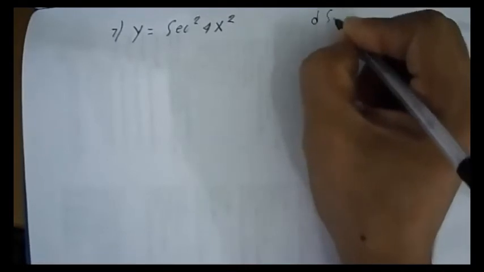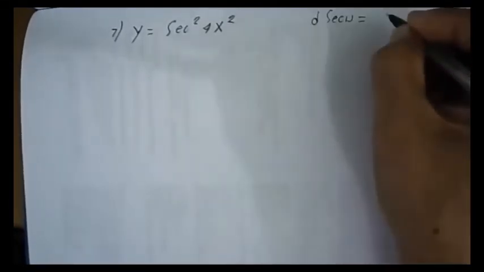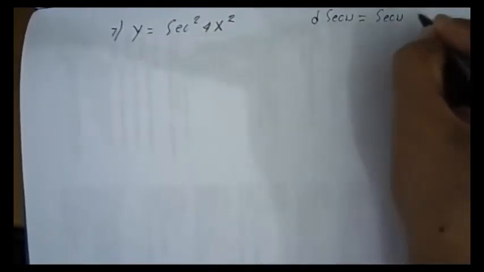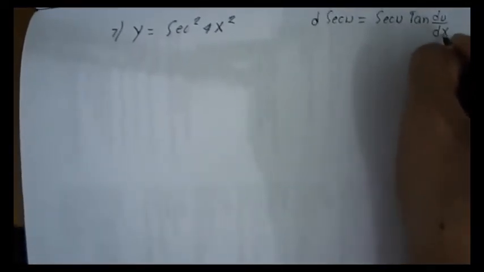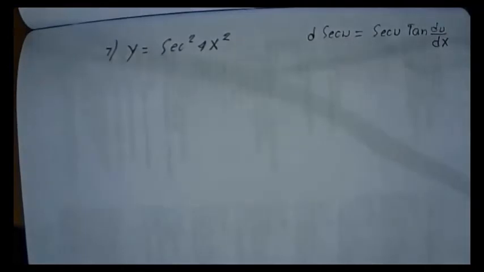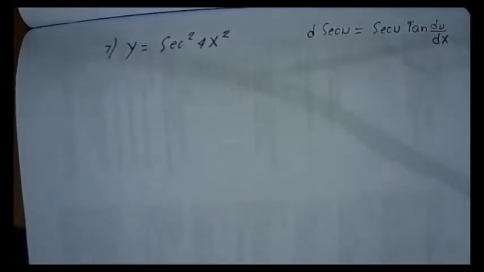Yung formula natin, derivative of secant u is equal to secant u tangent u du all over dx. So, yung formula na gagamitin natin dito. Pero by this time, we're going to make use of our formula dahil we have already higher degree of trigonometric functions.